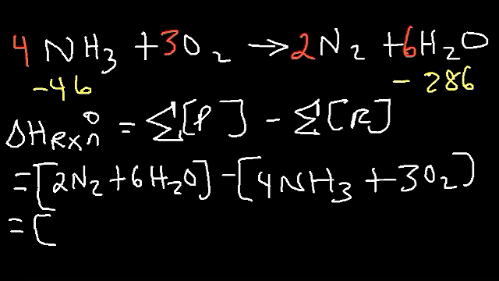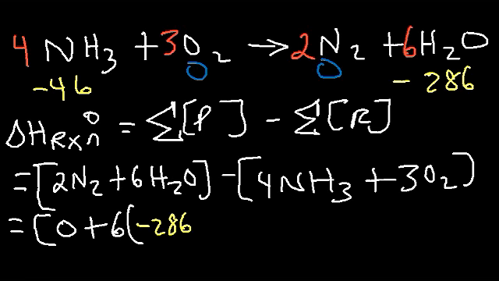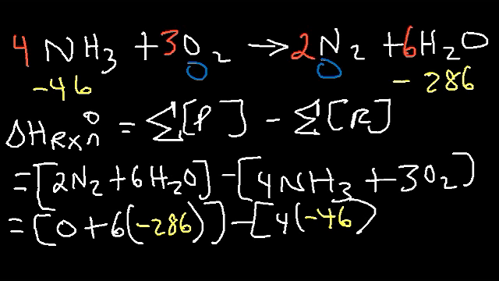So the enthalpy information for any pure element, which includes nitrogen and oxygen, is 0. So this is going to be 0 plus 6 times the value for H2O, that's negative 286, minus 4 times the value for NH3, which is negative 46. And for O2 is 0.